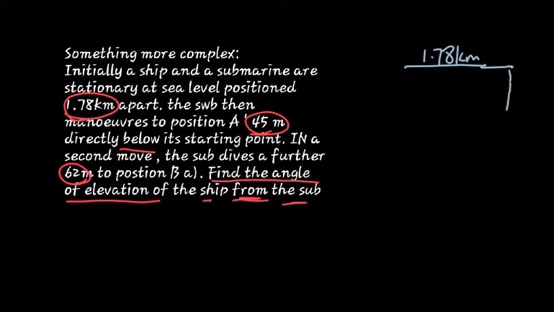So it's going down here, 45 metres. Okay, and then it says it then dives a further 62 metres. So this is A. And then it goes down another 62 metres. Okay, so here's our right angle up here.